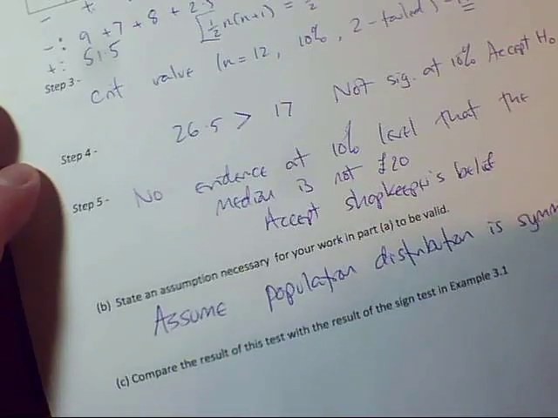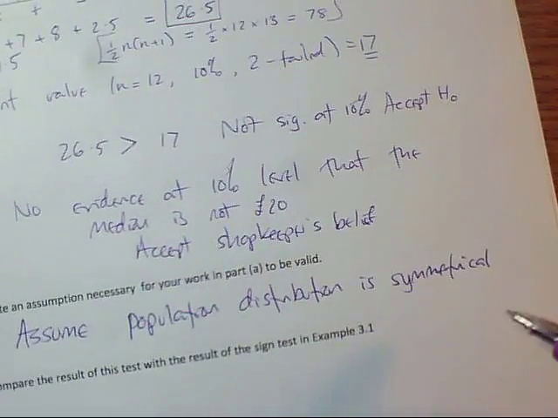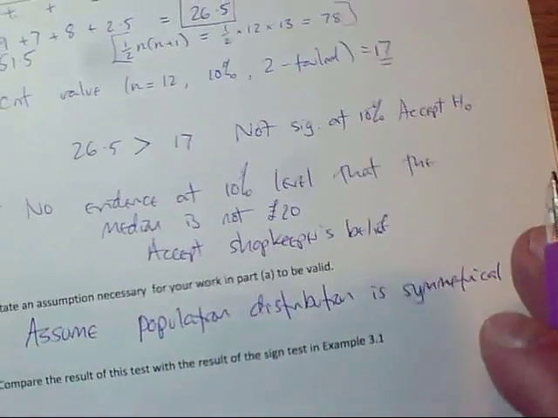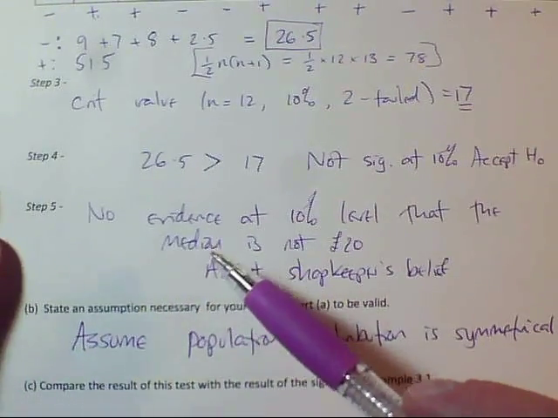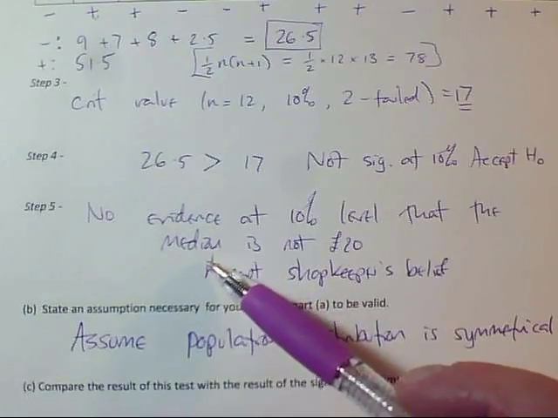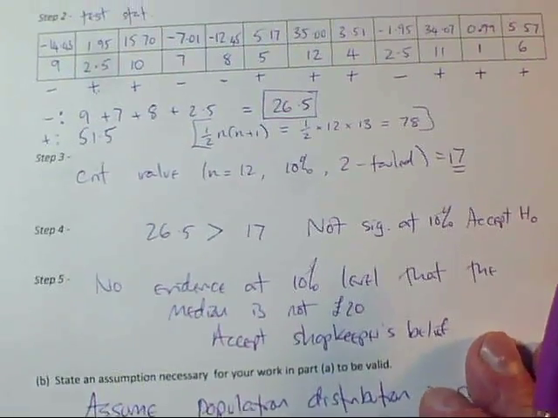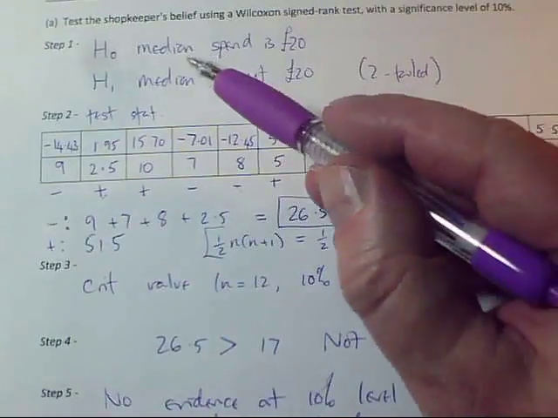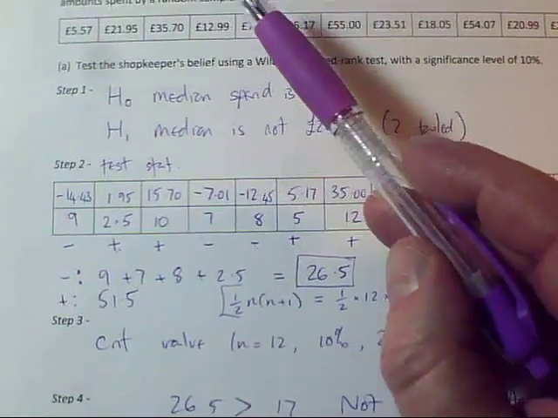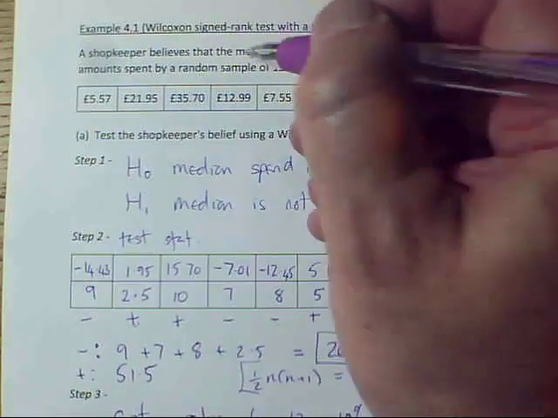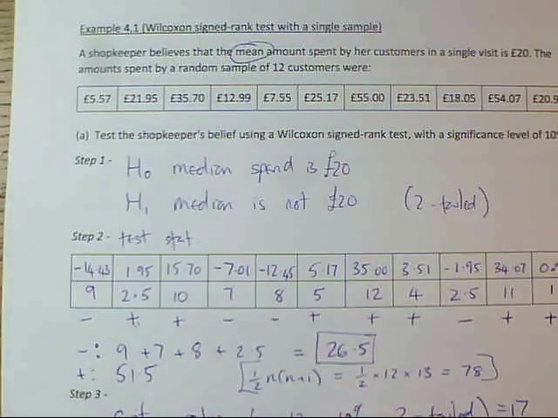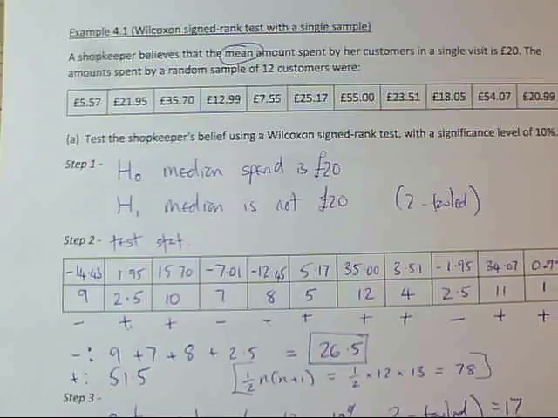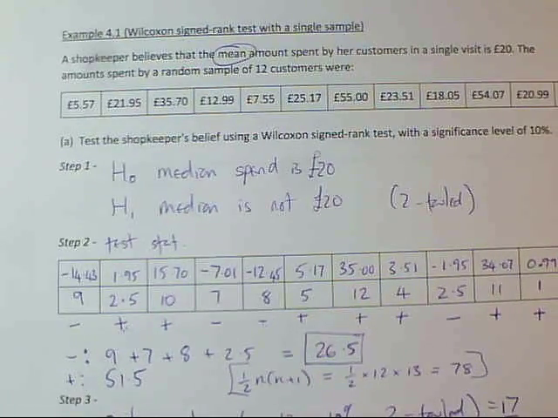And a consequence of symmetrical distributions is the median and the mean are the same thing. So I've been playing it safe, I've been talking about the median, which is perfectly correct and also would be correct for the sign test. The question actually referred to the mean.